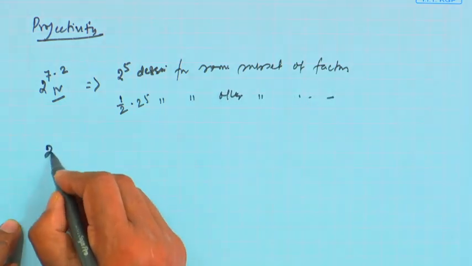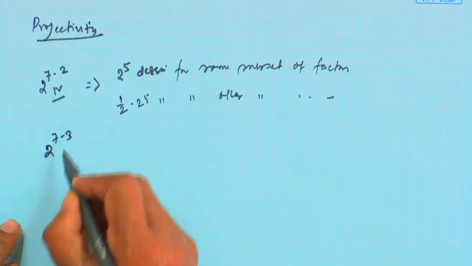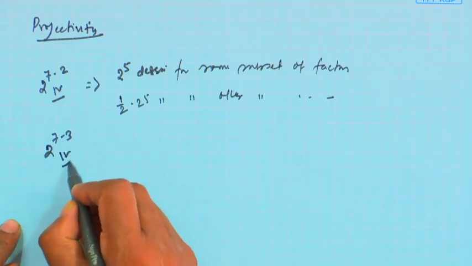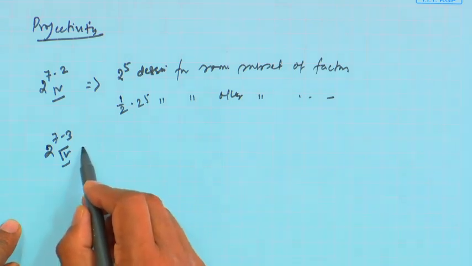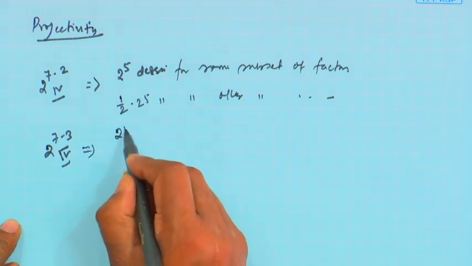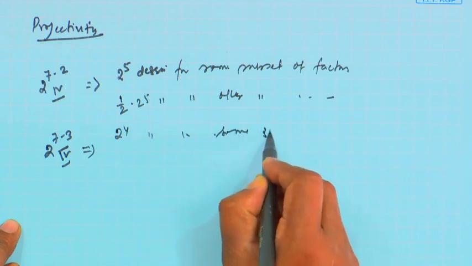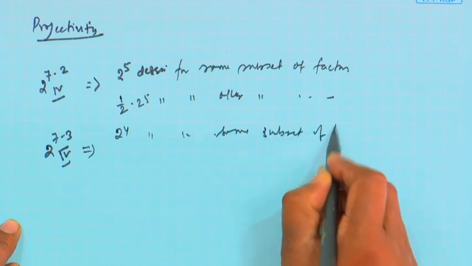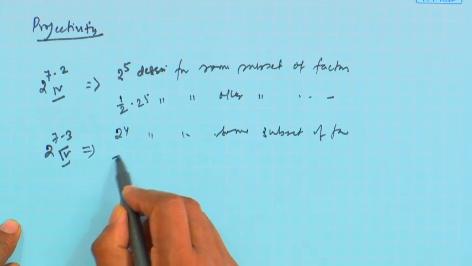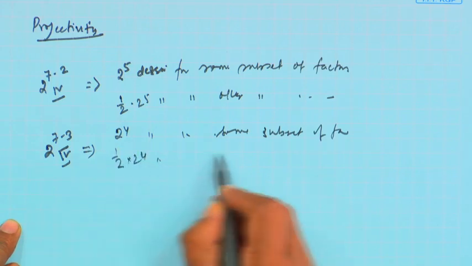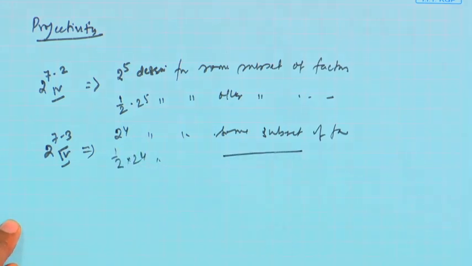If you consider a 2 to the power 7 minus 3, resolution 4 design, here you will get a 2 to the power 4 design for some subset of factors and maybe a 1/2 of a 2 to the power 4 design for some other subset of factors.